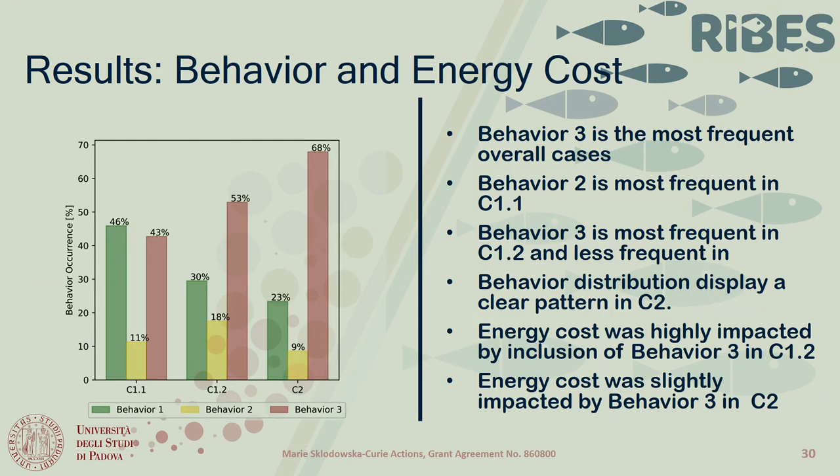So we performed an analysis, and we realized that when including this escaping behavior, the agent used to escape when it finds the jet area; the escaping behavior was the most activated, the most triggered behavior. Nonetheless, this didn't have an impact on the energy cost, at least for 2 out of 3 cases.